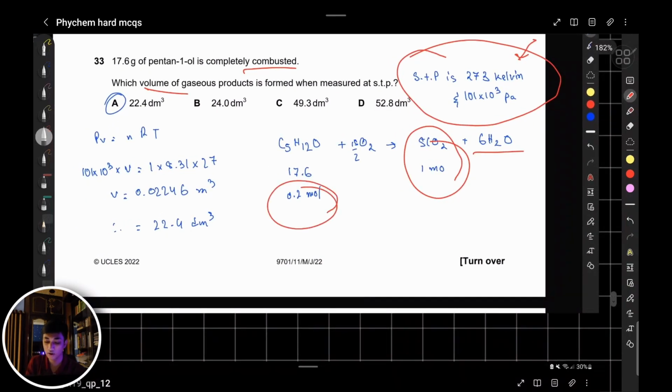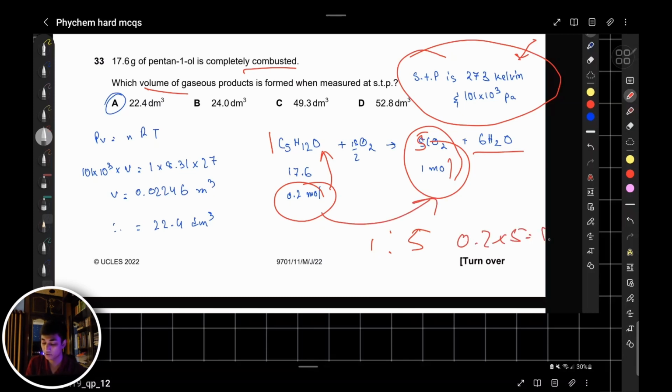The ratio is 1 to 5. If 1 mole of pentan-1-ol is combusted, 5 moles of CO2 is produced; 0.2 moles of pentan-1-ol is combusted, 0.2 times 5, 1 mole of CO2 will be produced.